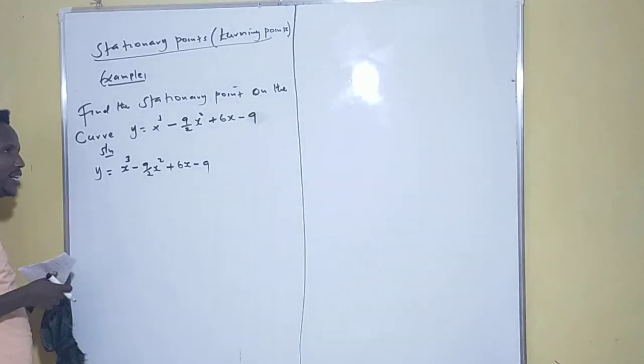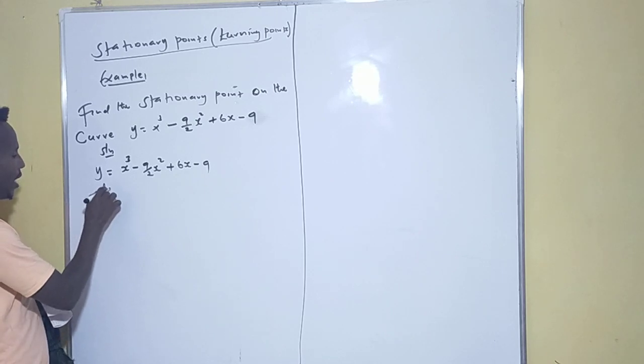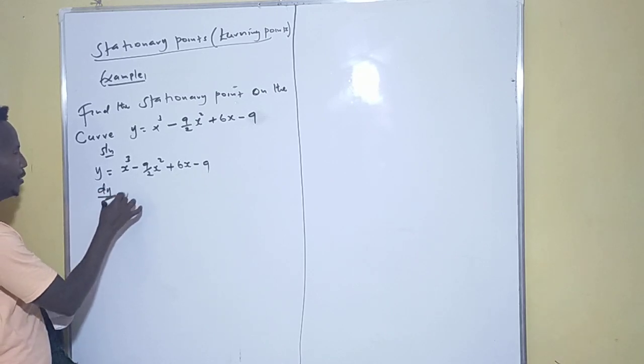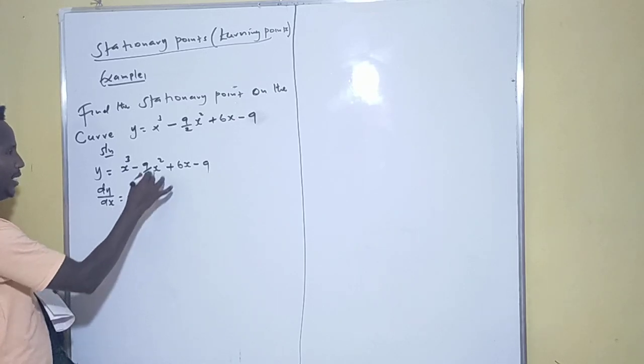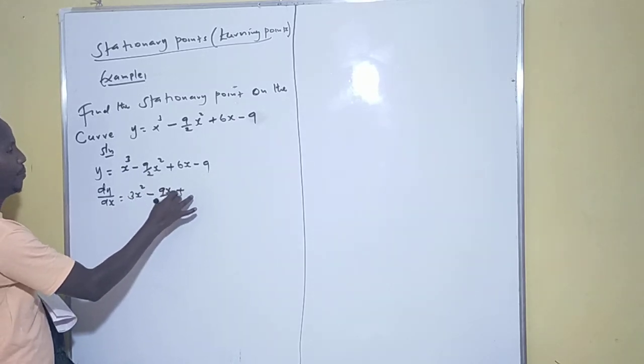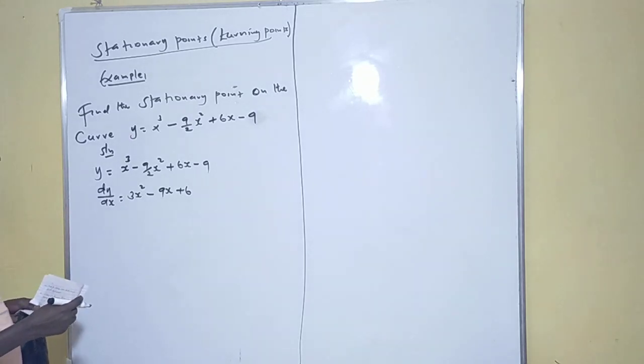Remember, in our previous classes we have learned differentiation concepts. So now our dy over dx, this one differentiated, will be 3x squared minus 9x plus 6.